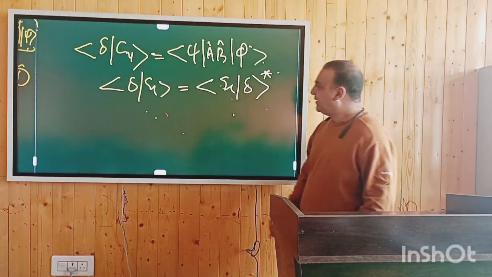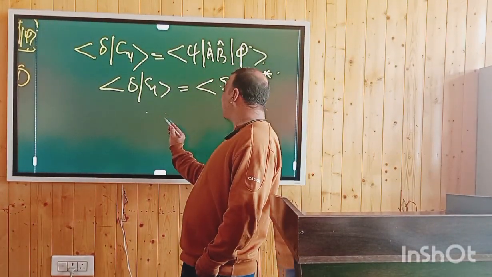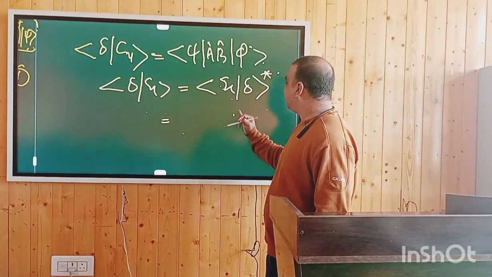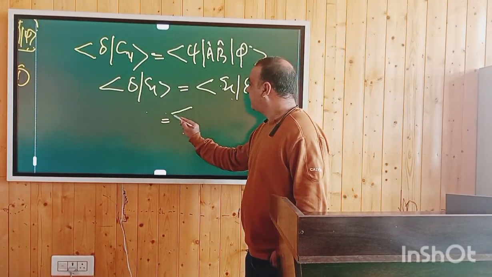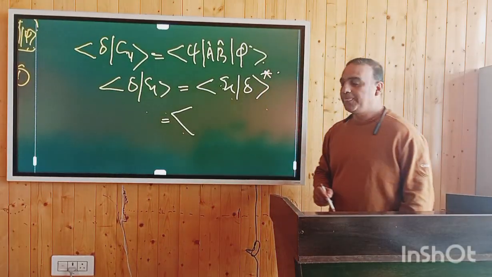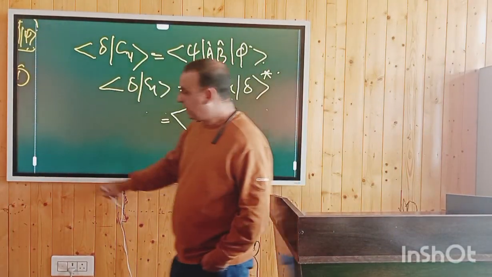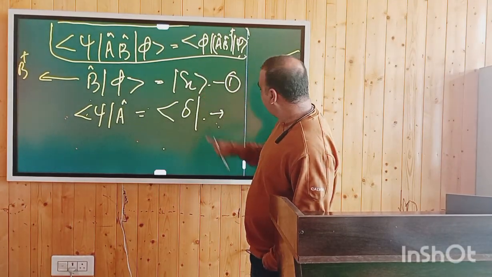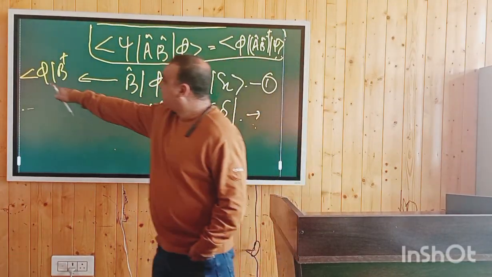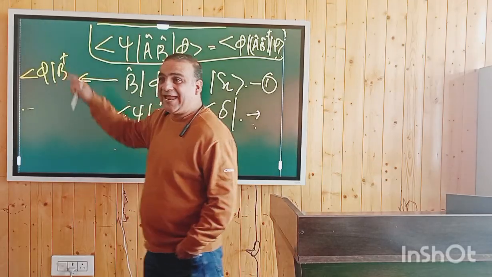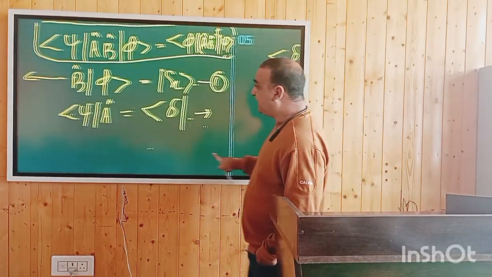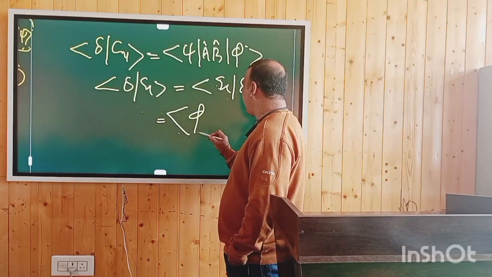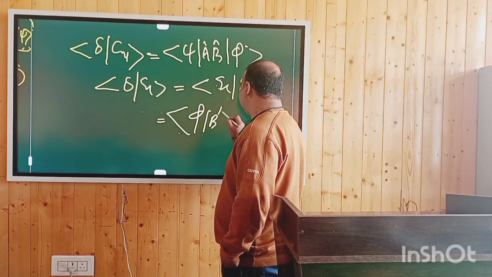So what should I write on the right hand side? For this ket of zeta, what will I write? Check it. For zeta I will write bra phi B dagger. So I'll write here ket of phi and B dagger.